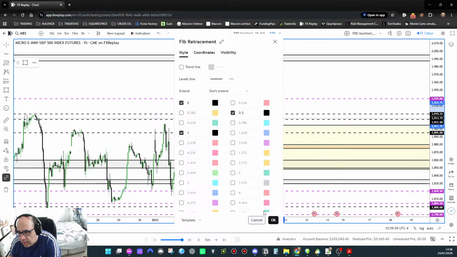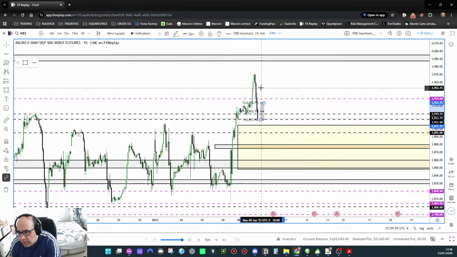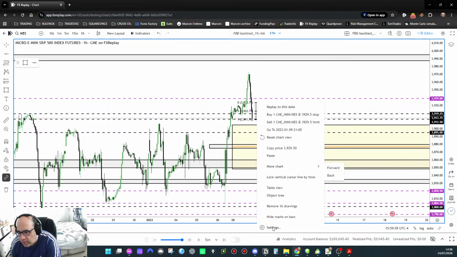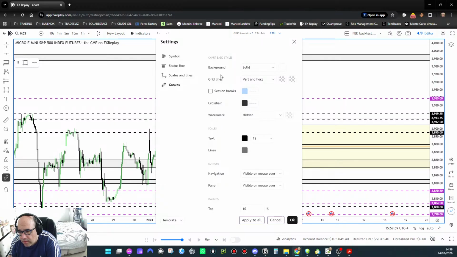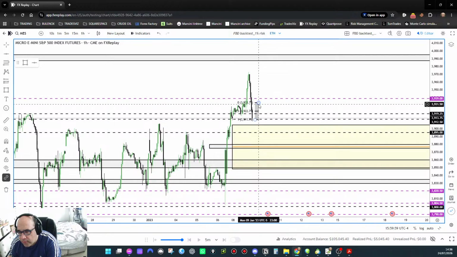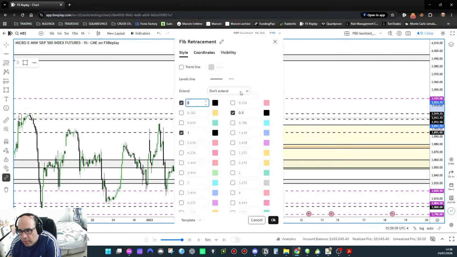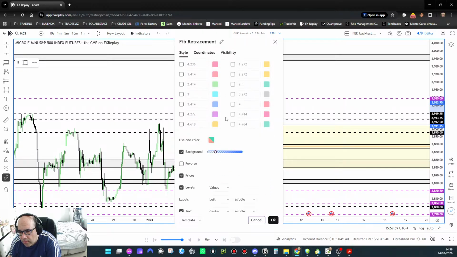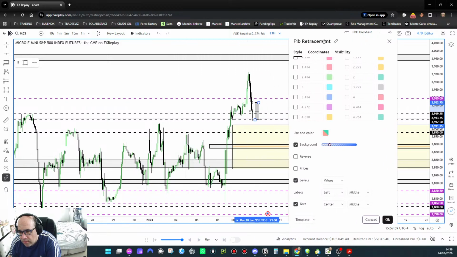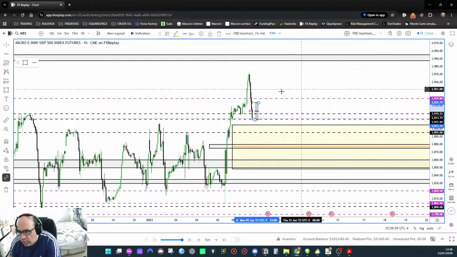The trend line. That should be alright. So, I'm gonna remove the prices as well. We don't care about the prices. So it should be alright now.